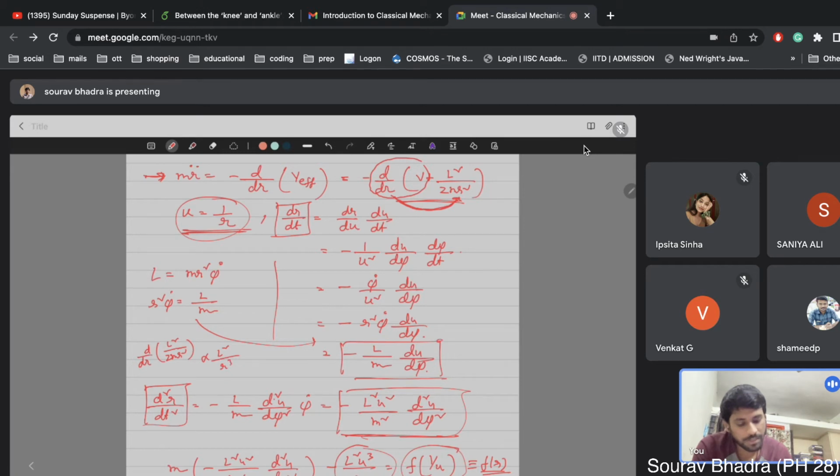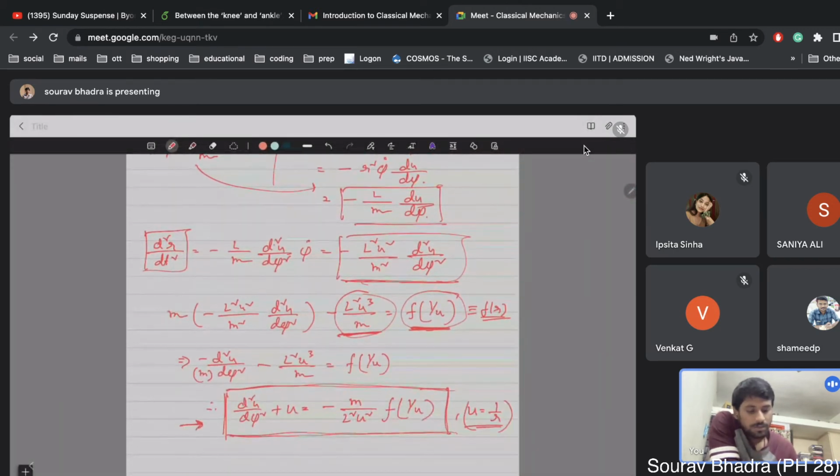Replace L by m r square phi dot and r by 1 by u, and again take this whole expression in terms of 1 by u or r, then you will get this particular expression. You will not face any problem in that. So this is the important equation of the central force problem.